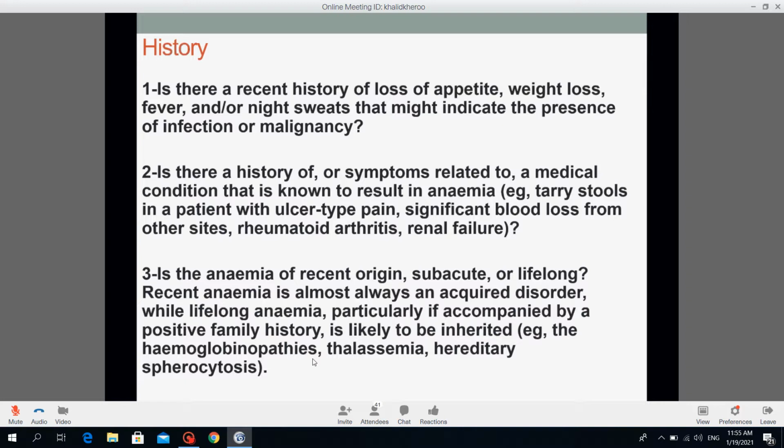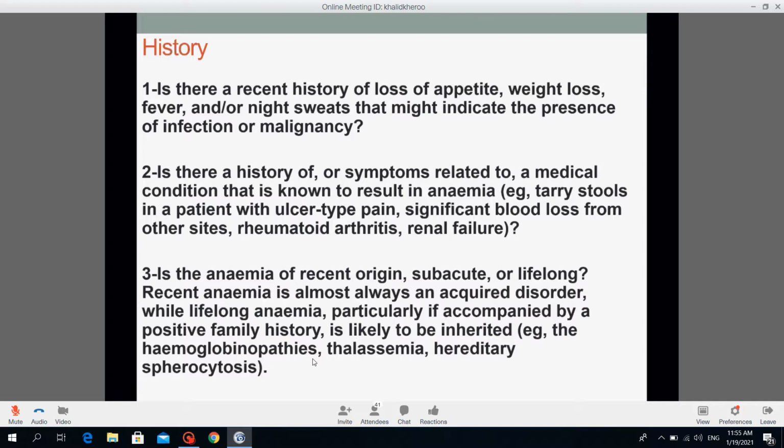Is there a history of symptoms related to a medical condition that is known to result in anemia? As we mentioned, when there is upper GI bleeding, we get hematemesis, vomitus, and tarry stool, and the patient has ulcer-like type pain.